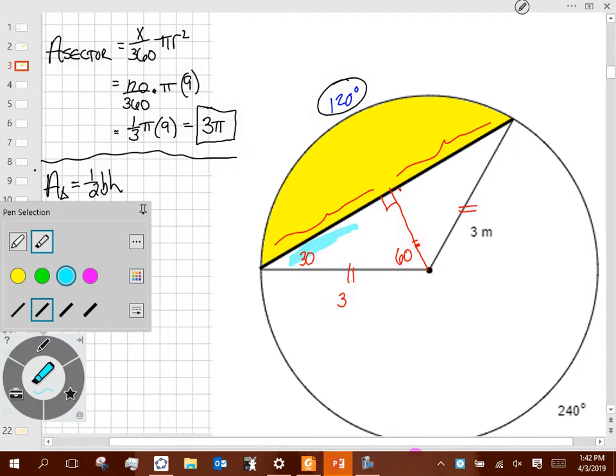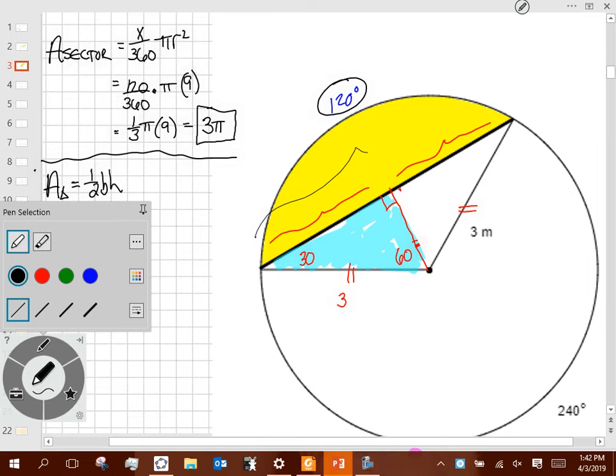Let's go about finding information about this 30, 60, 90 triangle. Because if I can find out the altitude of that, is that the same altitude as the whole isosceles triangle, right? And then this distance here is the base of that triangle.